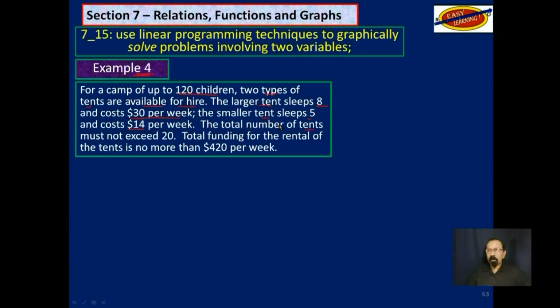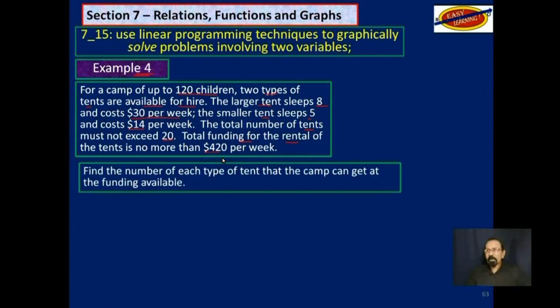The total number of tents must not exceed 20. Total funding for rental of tents is no more than $420 per week. Find the number of each type of tent that the camp can get at the funding available, and the condition that it must not be more than 20.